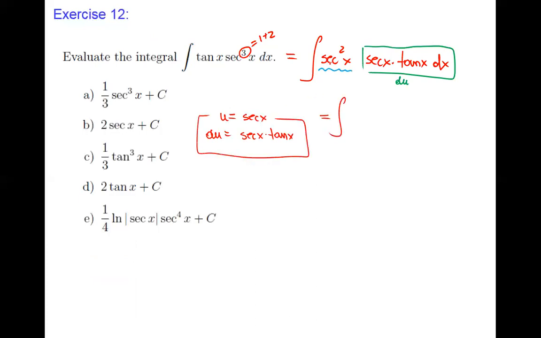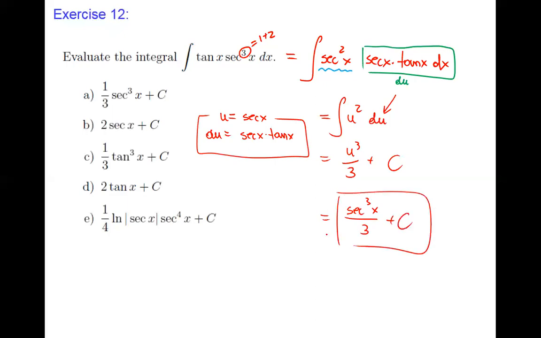Now I do have secant squared, which will be u squared, and simply du, because that's what the u substitution is showing me. u to the power of 3 over 3 plus the constant of integration, secant cubed of x over 3 plus the constant of integration. Really nice.